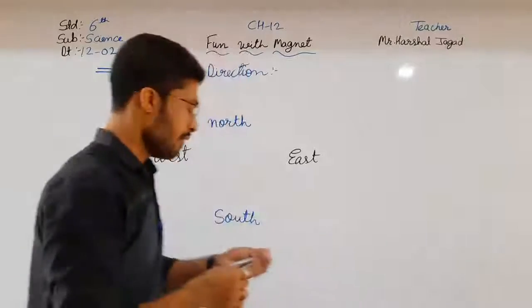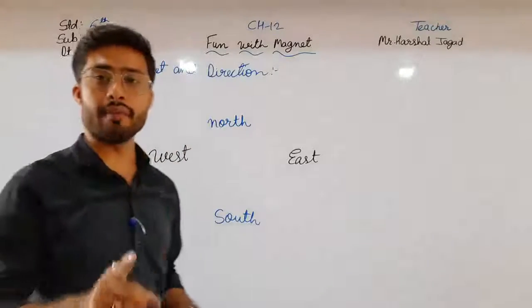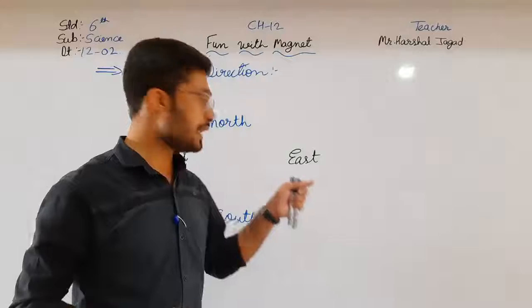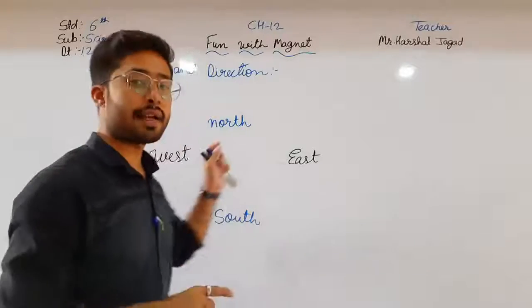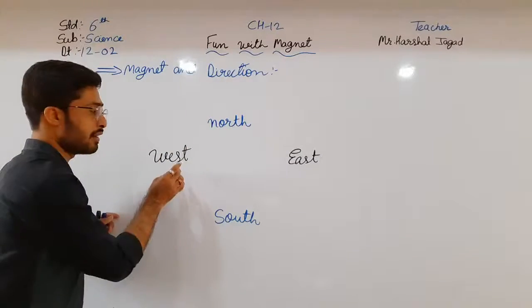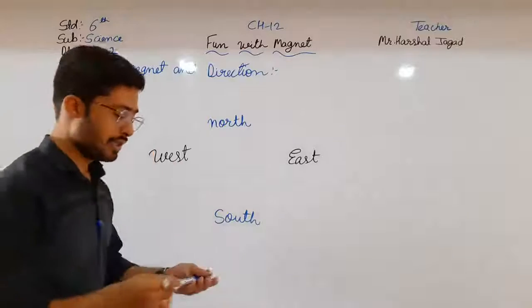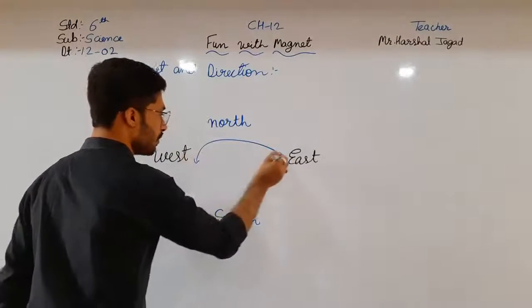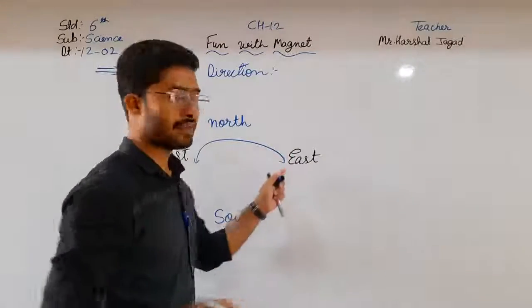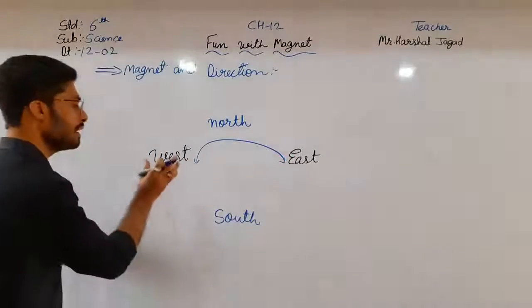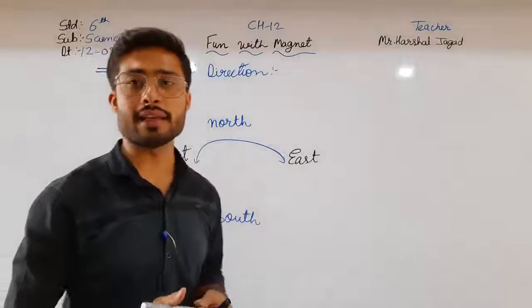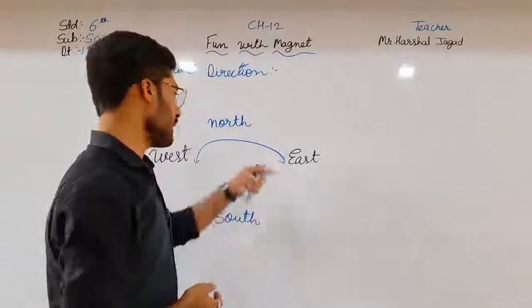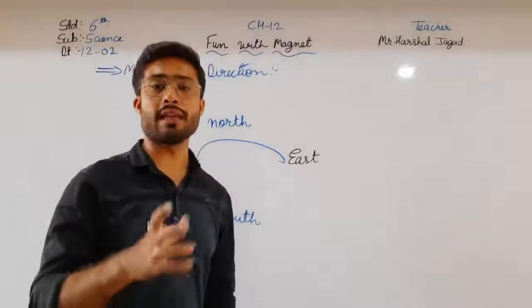How? Because we all know the sun rises in the east, and when it sets it is in the west. So the sun goes from here to here. It rises in the east and sets in the west. From that they could know the direction.